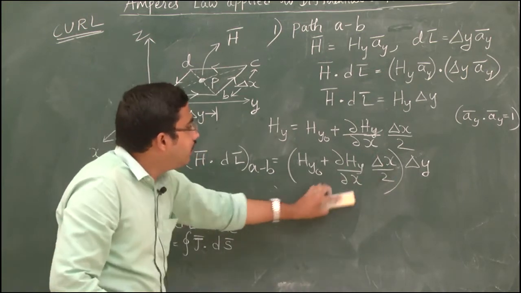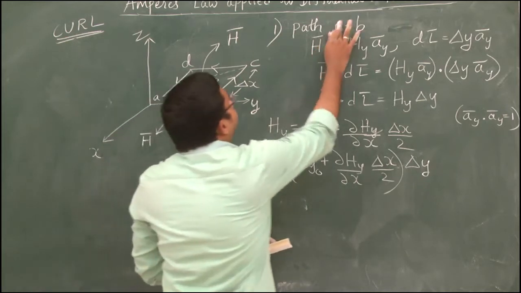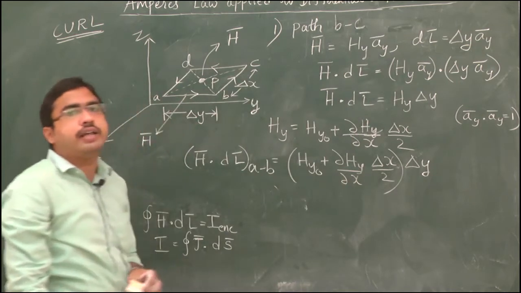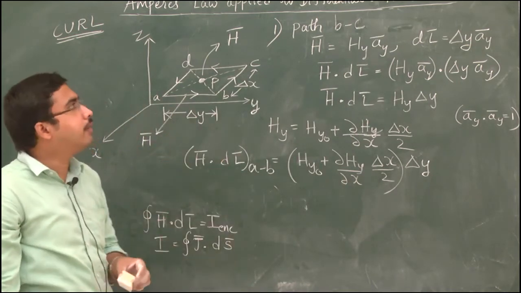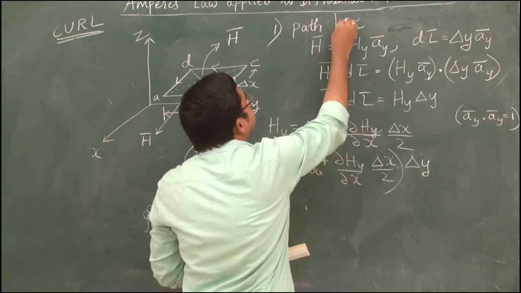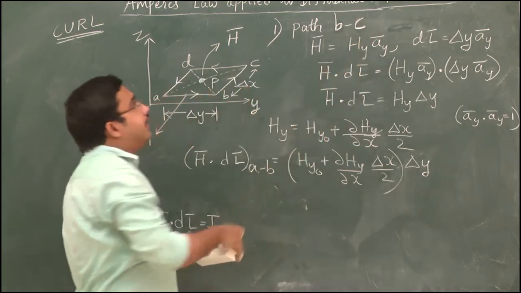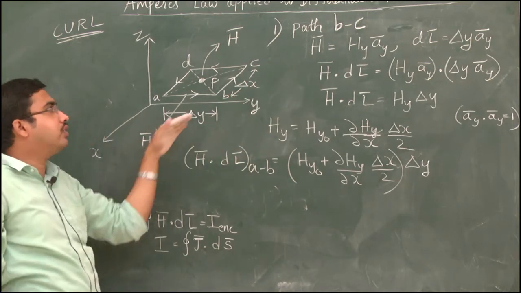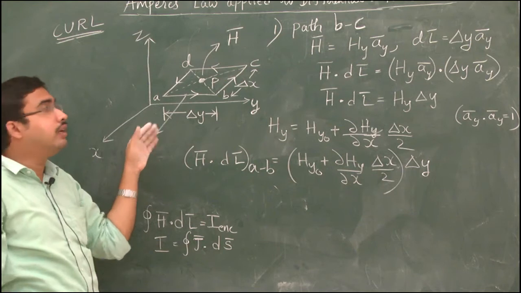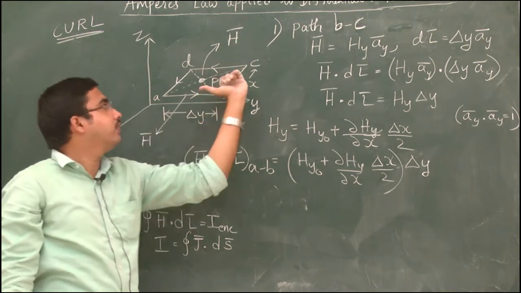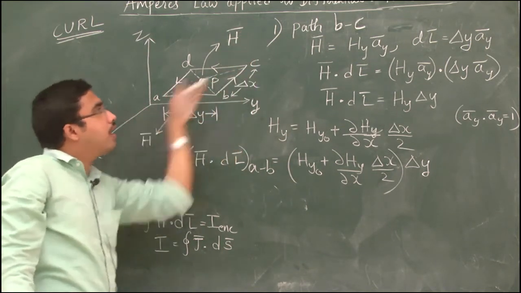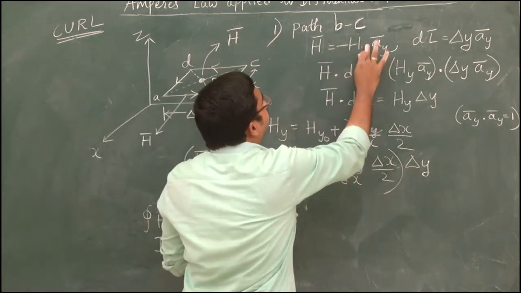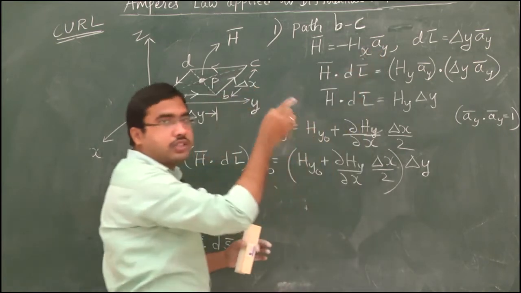Now I will use the same theory for path BC. If I want to find the expression for H bar dot dl bar for path BC, then in BC, what is your H bar? H bar is matching with the X direction. BC is matching with the X direction, but it is going in negative X. If you come like this, positive X. If you go away like this, that is negative X. That means minus Hx into Ax, as it is matching with the X direction.